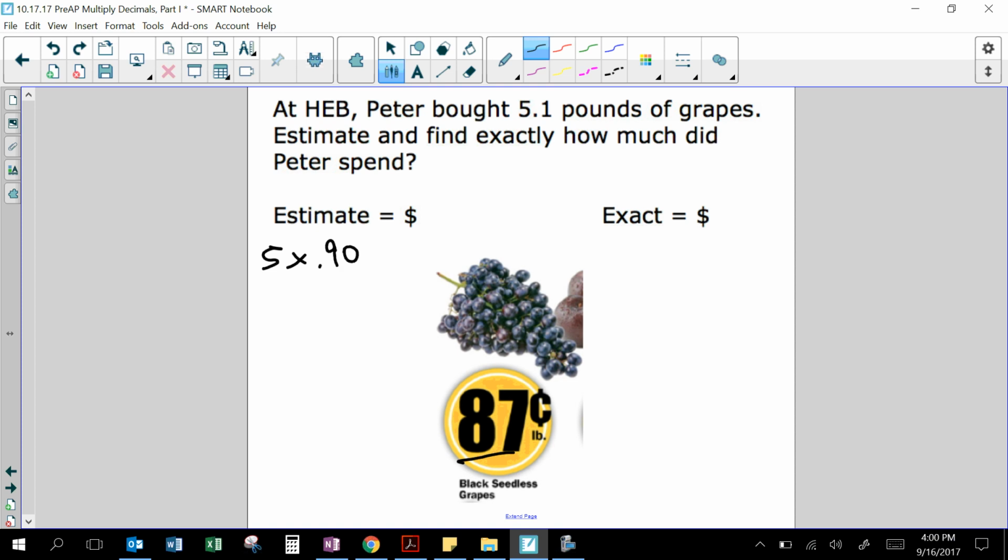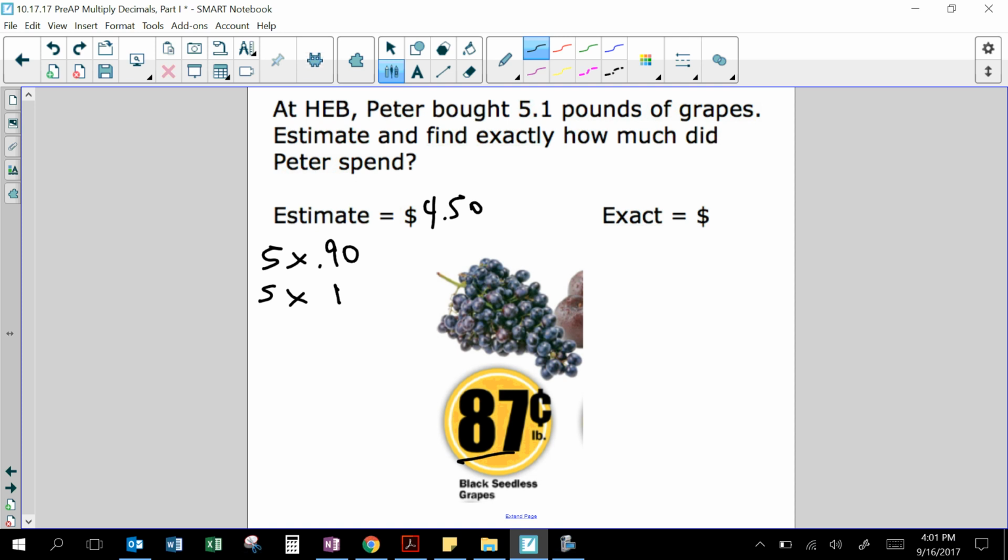So 5 groups at 90 cents is $4.50. Or if you want to make it even easier on yourself, 87 cents is about close to $1. So it's going to be around $4.50, around $5. It's going to be actually less than because we did overestimate. So we know the answer is going to be a little less than $4.50.